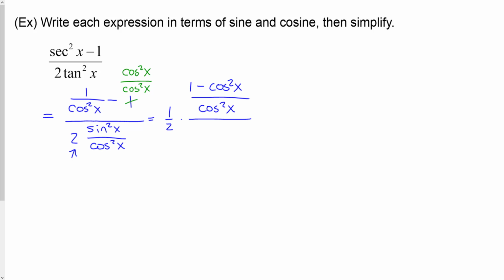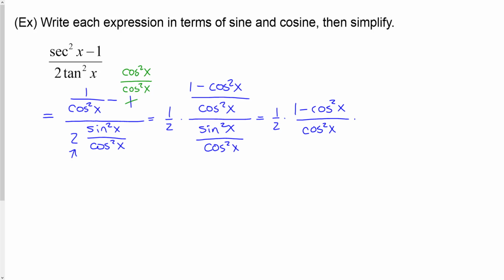And then I have sine squared x divided by cosine squared x in the denominator. So what I'm going to do next is simplify a little bit further. I've got my 1/2 out here, and then we never divide fractions, we simply invert and multiply. So 1 minus cosine squared x over cosine squared x is the numerator.